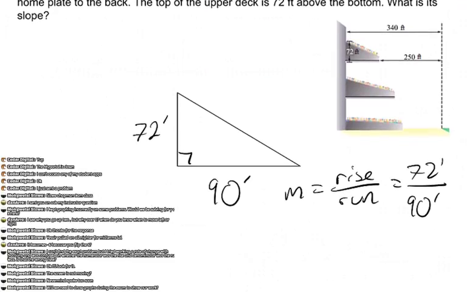It's so simple. All right. Let's see. 9 goes into both of these. So what's that? 8 by 10. But then we can go further and divide both by 2. So we'll get 4 by 5. So what's the slope? The slope is 4 by 5. All right. Let me check that.